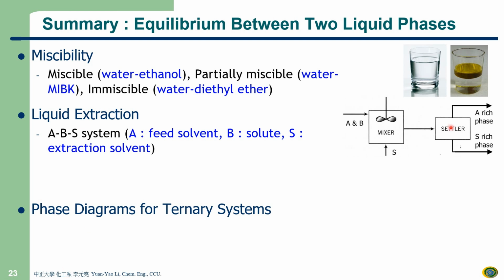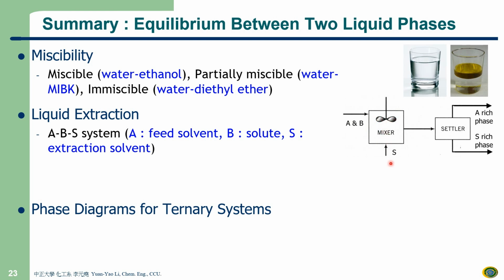Extraction is like this; I already showed you a video. You have an AB mixture and you pour it into a tank, which is a mixer. We introduce S, the extraction solvent, into this mixer.